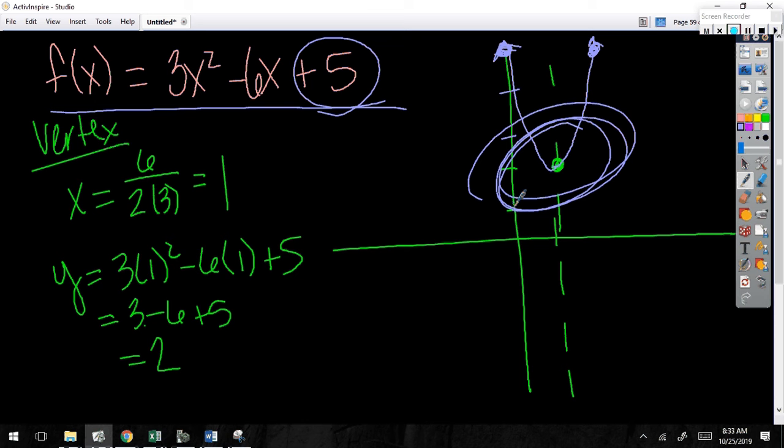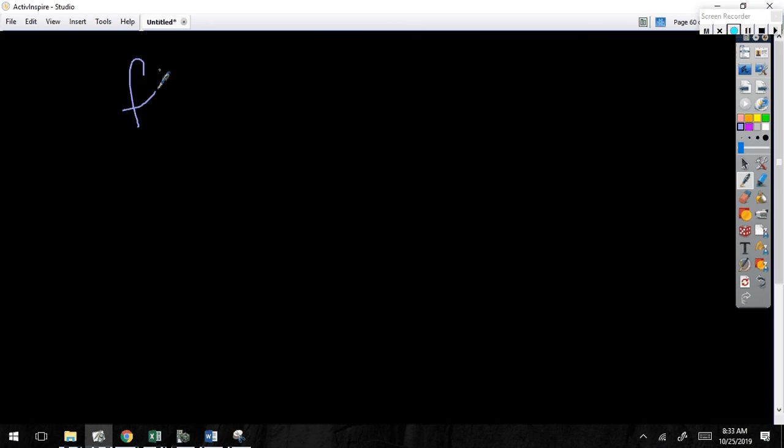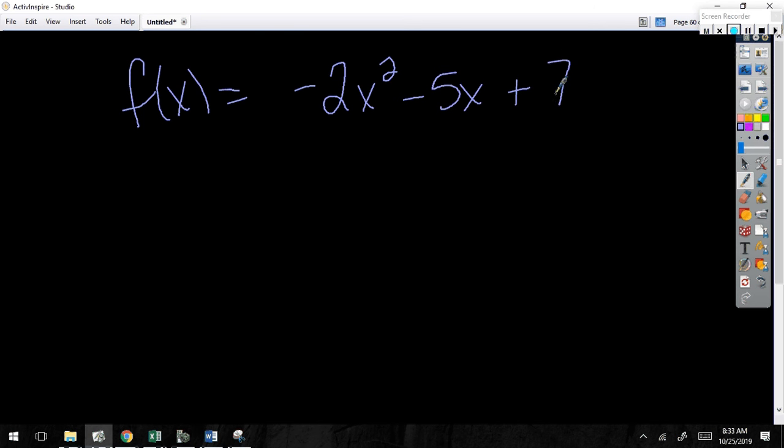So if you're just given a standard form equation, and I asked you if it has a maximum or a minimum, how would you know without graphing? But what if you didn't graph? What if I just said, does that one have a max or a min? A maximum. Why?